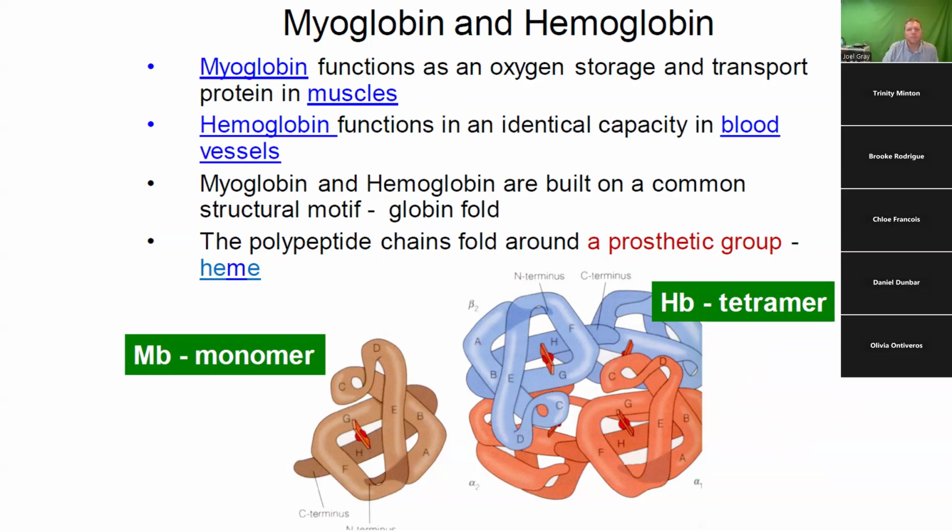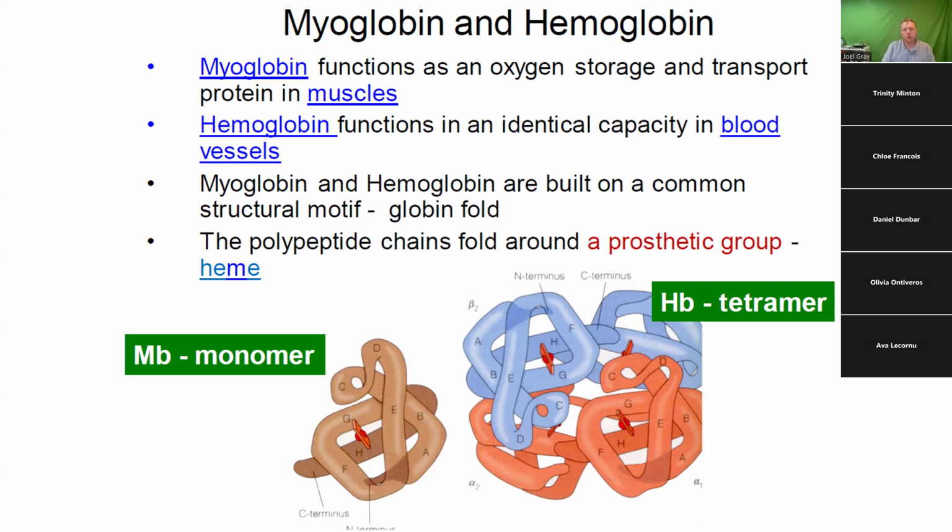Myoglobin and hemoglobin are built on a common structural motif, also known as a globin fold. Now, this is similar to a domain, but a motif is something that you're going to see in its primary sequence.